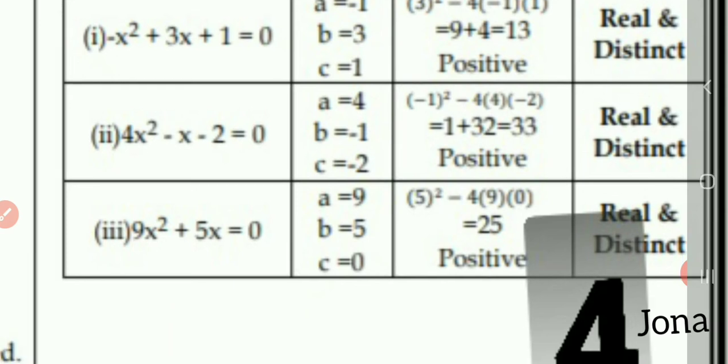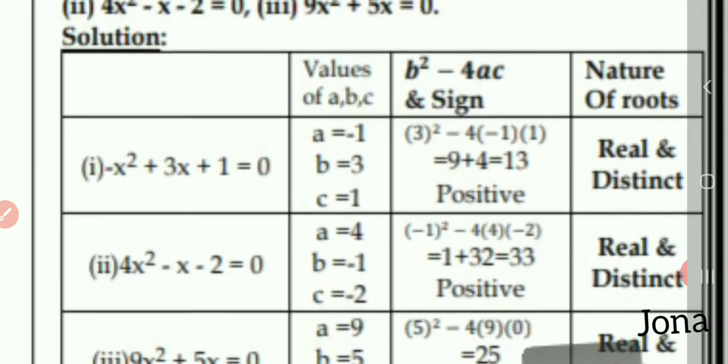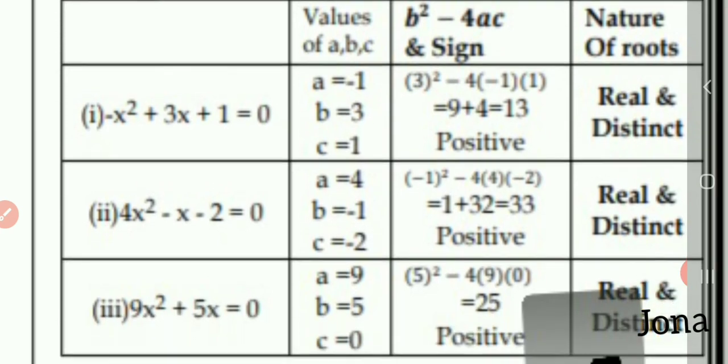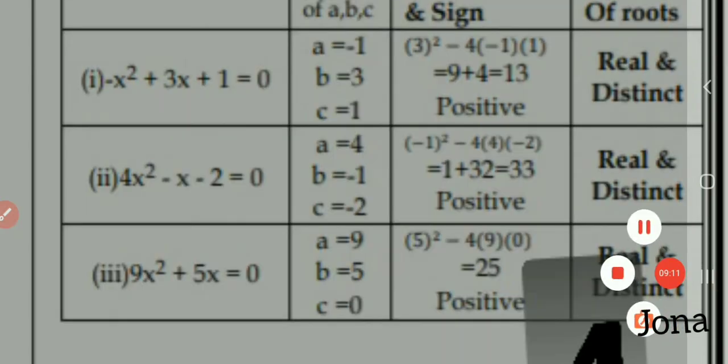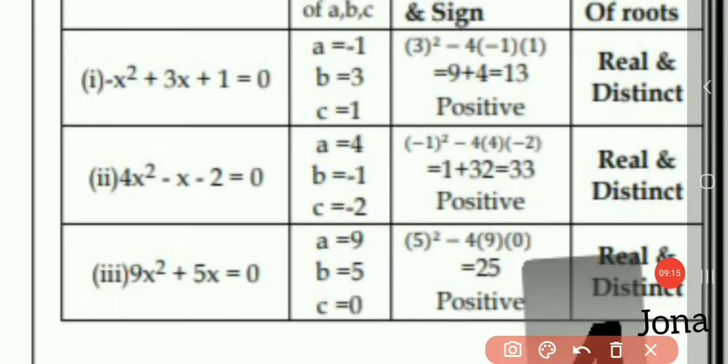Okay, so let me see one by one here. The first problem is −x² + 3x + 1 = 0. First we write the values of a, b, c.